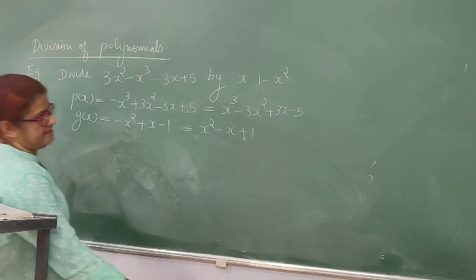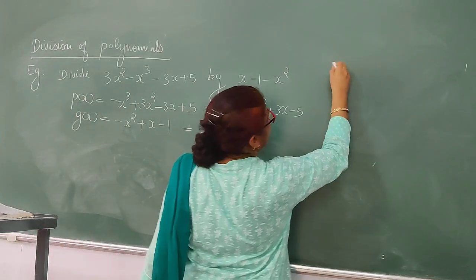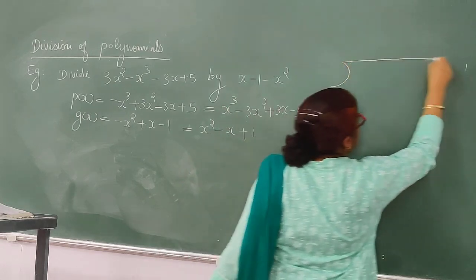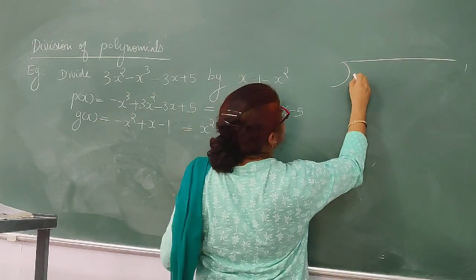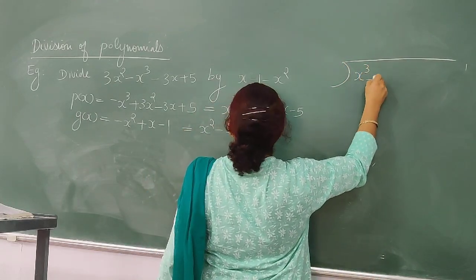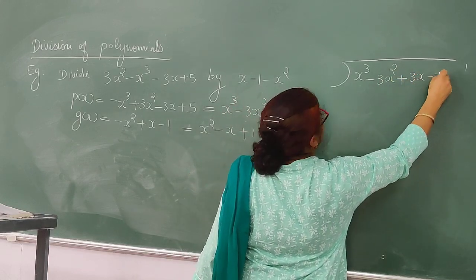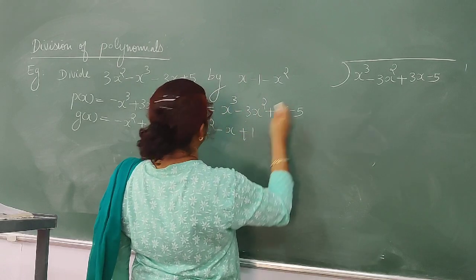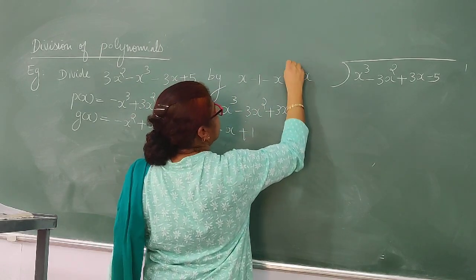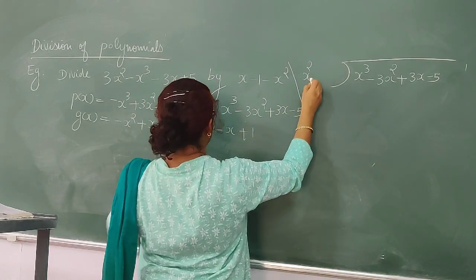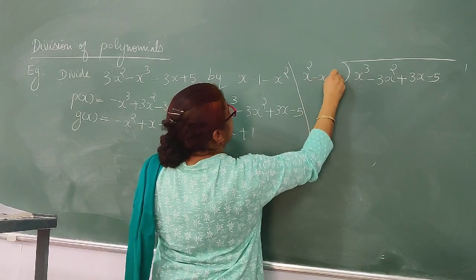Let's start division. x cube minus 3x square plus 3x minus 5, and here x square minus x plus 5.